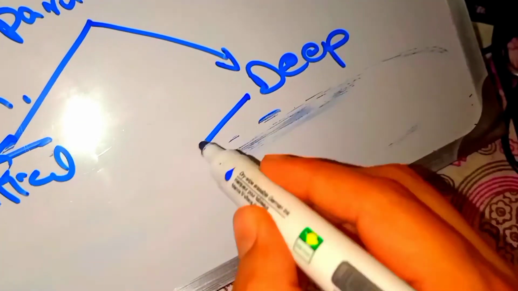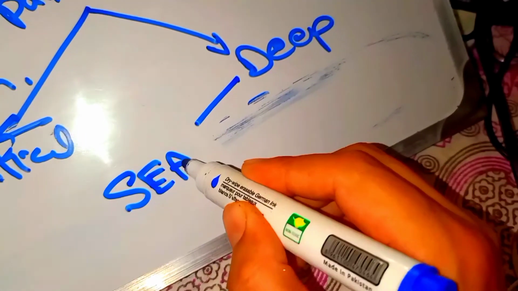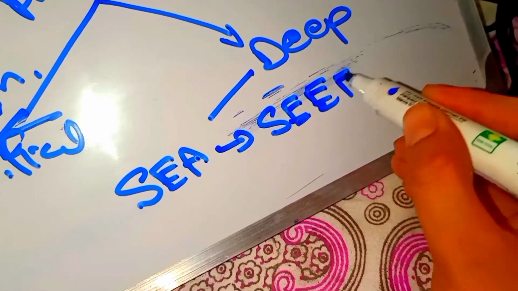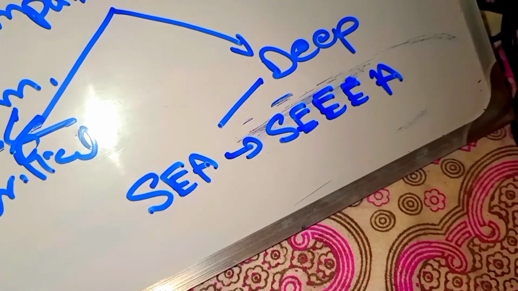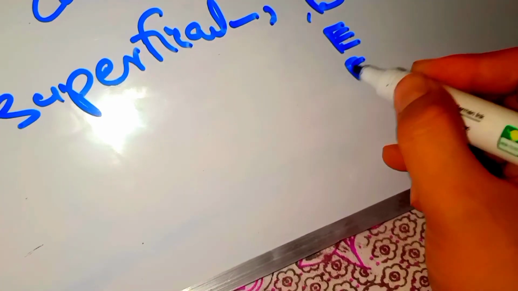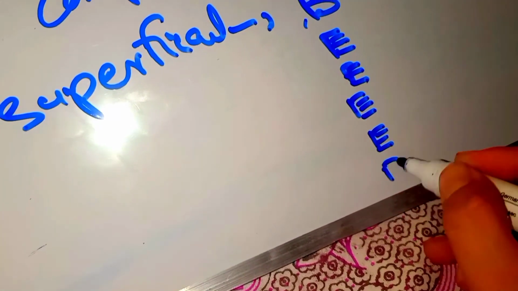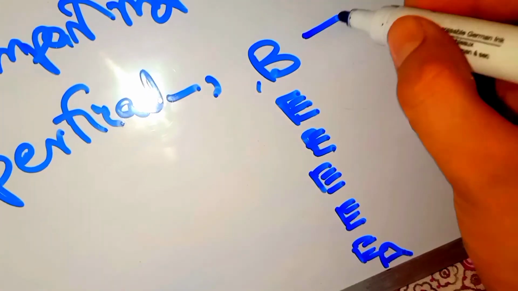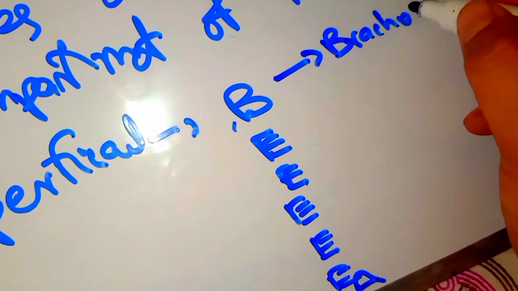For the deep compartment, I have made the mnemonic SEEEA. Here E is three times, because E has three legs. Now one by one, superficial compartment, you write the B in the extended form. First, B is for the brachioradialis.